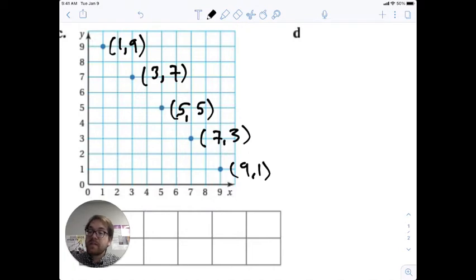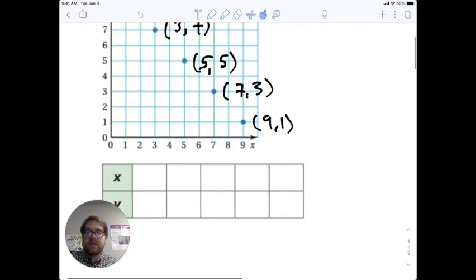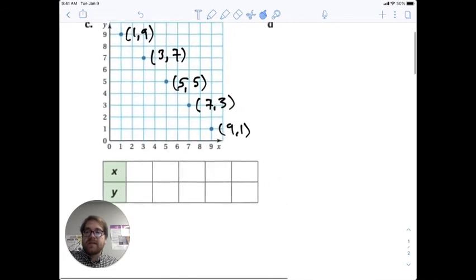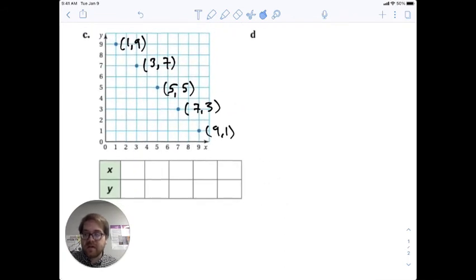So my first step when given these points, this function of points on the graph, is to determine what the coordinates of each of them are. Now that I have the coordinates, I can easily determine the domain and the range. Because if you remember, the x values of your coordinates are your domain. Those are all of the input values. Those are all the numbers that I can put into the function.